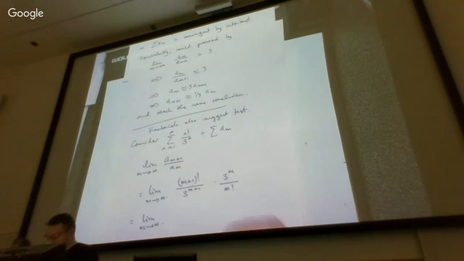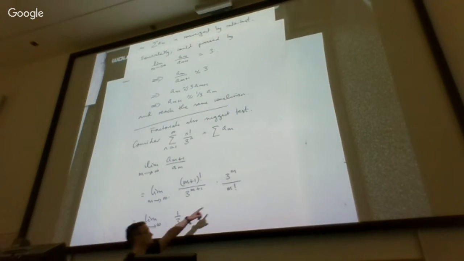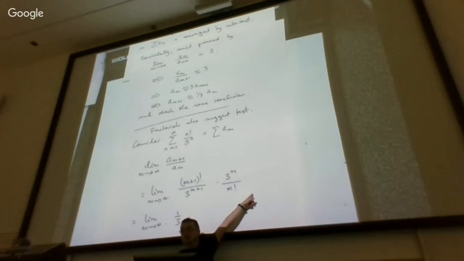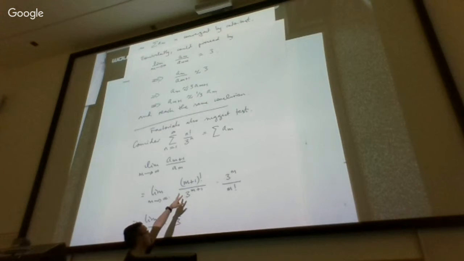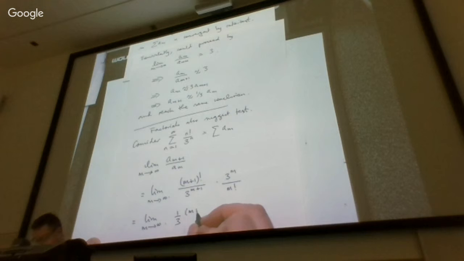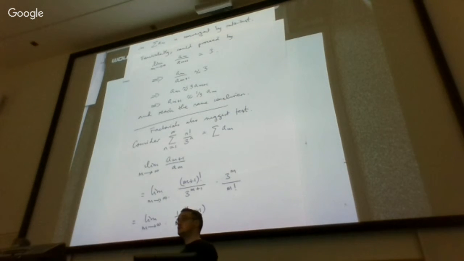Now, again, the powers simplify to leave you with a third. And the factorials simplify. All the factors in this product here, n times n minus 1 times n minus 2 and so on, they are all present in the top. So they all cancel out, and you're left with the one factor of n plus 1 in the top. So you're taking the limit of a third of n plus 1.